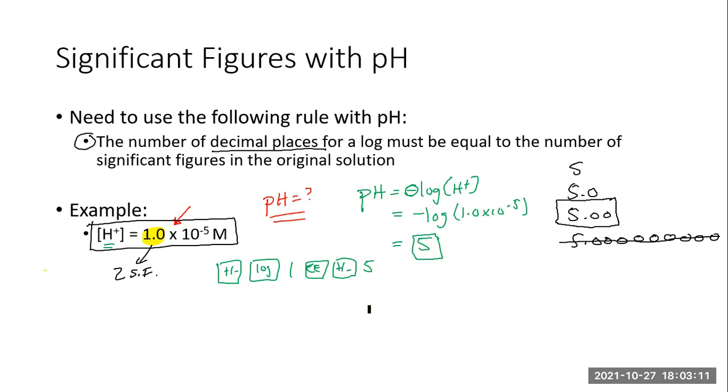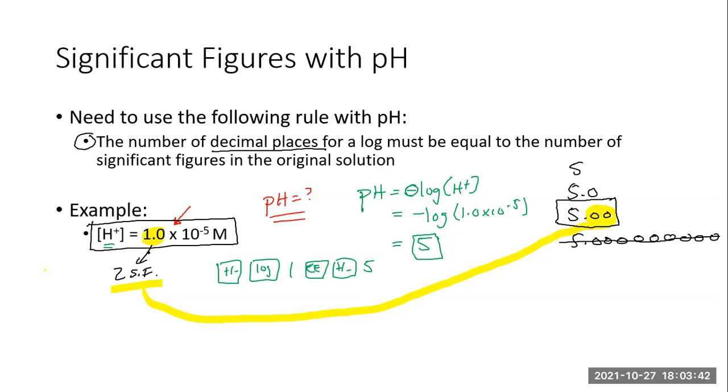The 2 significant figures here correlate not to the 2 significant figures here, but to the 2 decimal places. So 2 significant figures gives us 2 decimal places when you're going from concentration to pH, and vice versa. We're going to talk about going the opposite way. So if you happen to have started with the pH value of 5.00, with 2 decimal places, which means if you were going to calculate the concentration from it, you should have 2 significant figures.